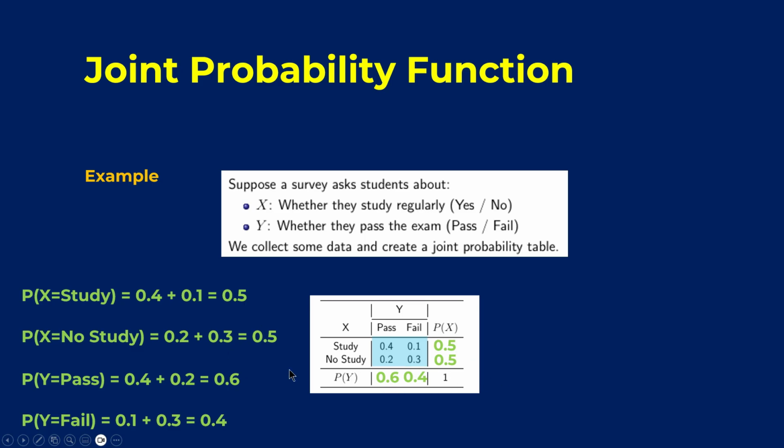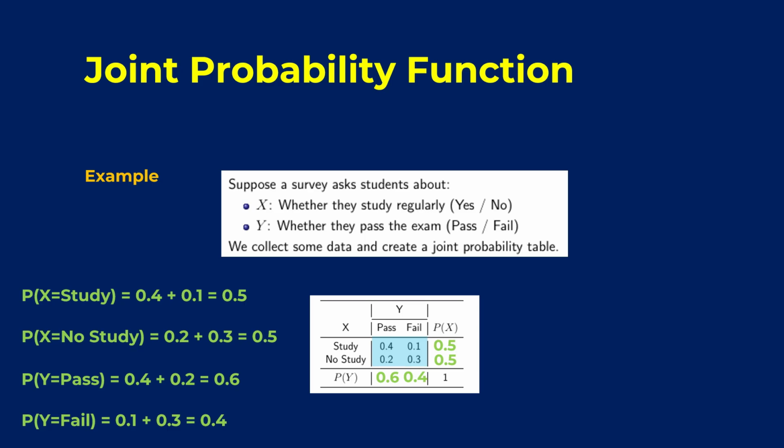One interesting observation is that marginal probabilities are the probabilities that we get regardless of the other variable, so we ignore the other variable. For example, when we were looking at x equal to study, it was regardless of pass and fail; we want to understand the probability of x equal to study. That is what marginal probabilities are about.